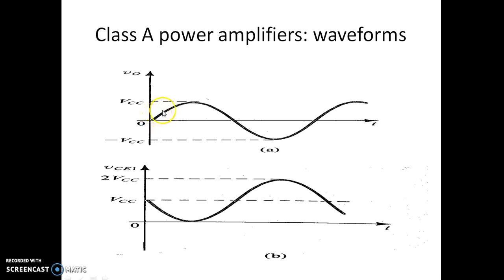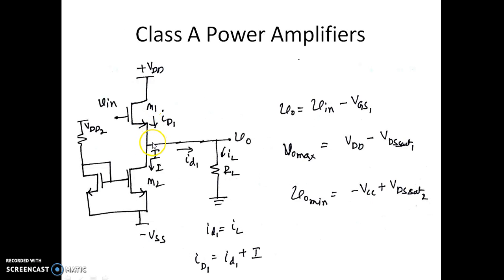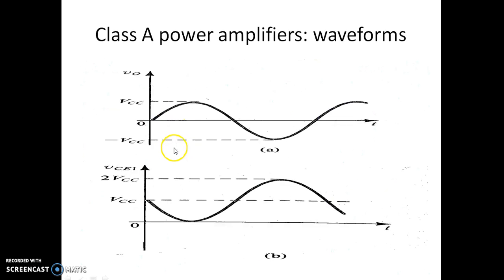As the output voltage increases, the VDS1 will reduce. That is what is happening here. As the output voltage increases, VDS1 reduces, and it goes to a minimum of 0 when the output voltage is plus VDD.